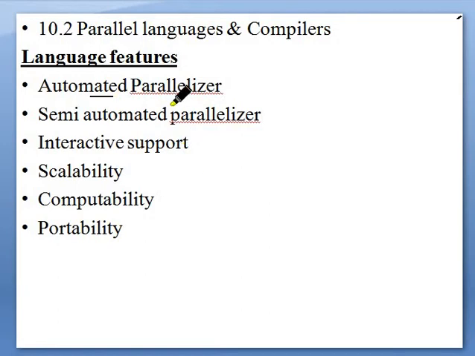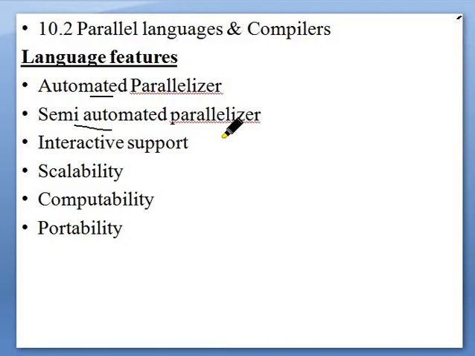It should identify instructions or a set of instructions which we can execute in parallel, and that is the responsibility of the compiler. Semi-automated means by giving some input. Once we give input values for a variable, based upon the value supplied, if the compiler is capable of identifying instruction parallelism, then it is called semi-automated.